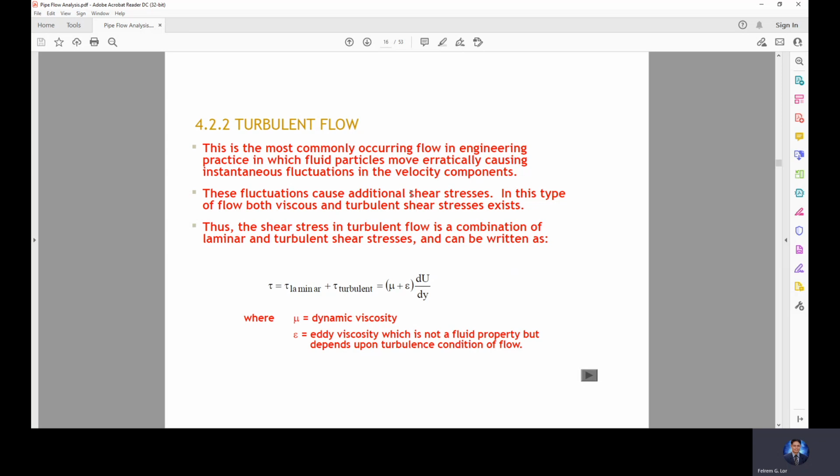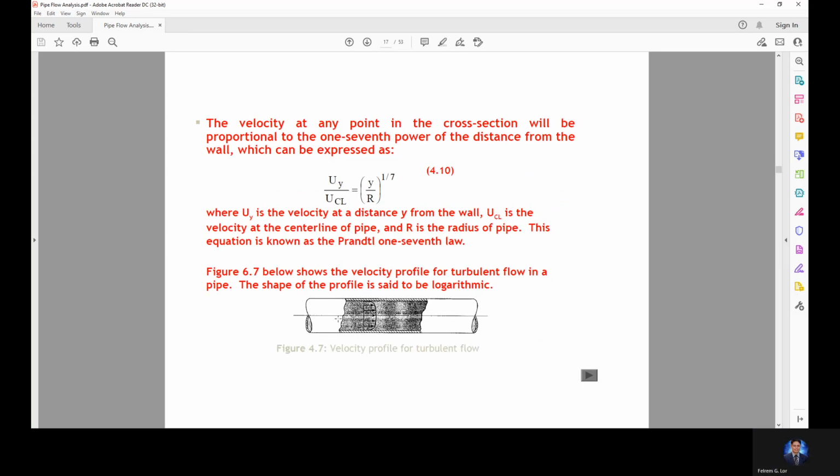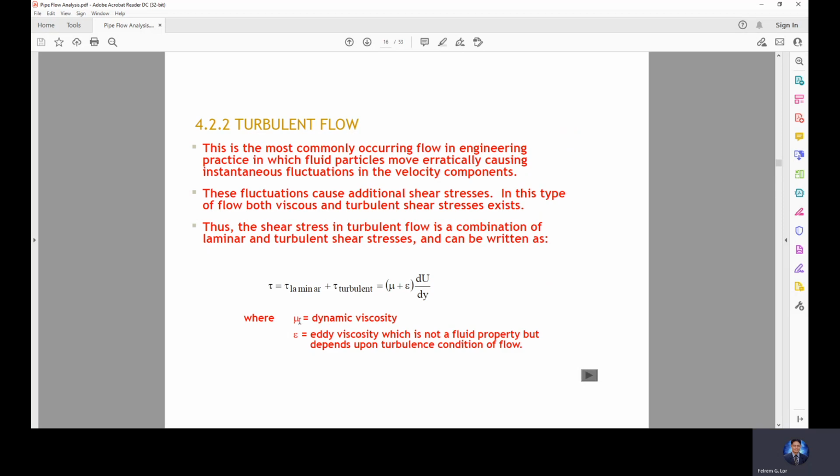So the shear stress in turbulent flow is a combination of laminar and turbulent stress: dynamic viscosity, then eddy viscosity. This is due to the presence of turbulent condition in a flow.